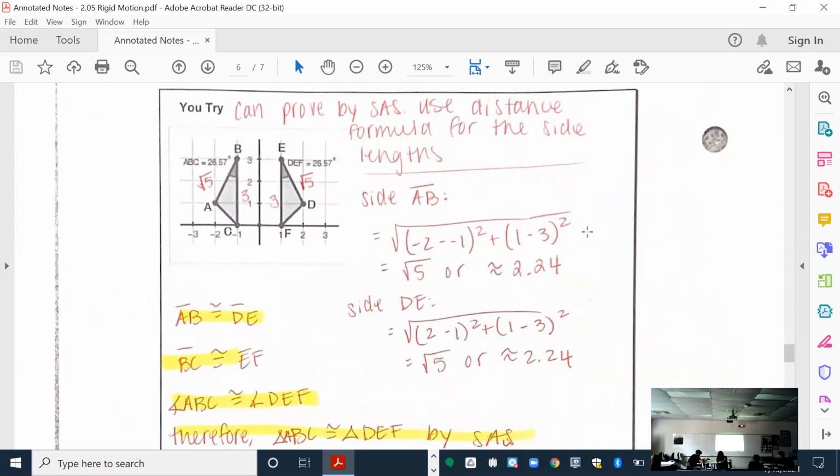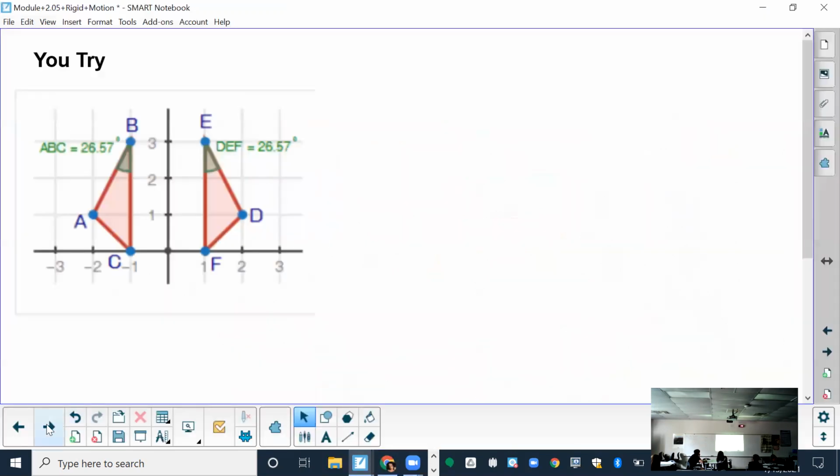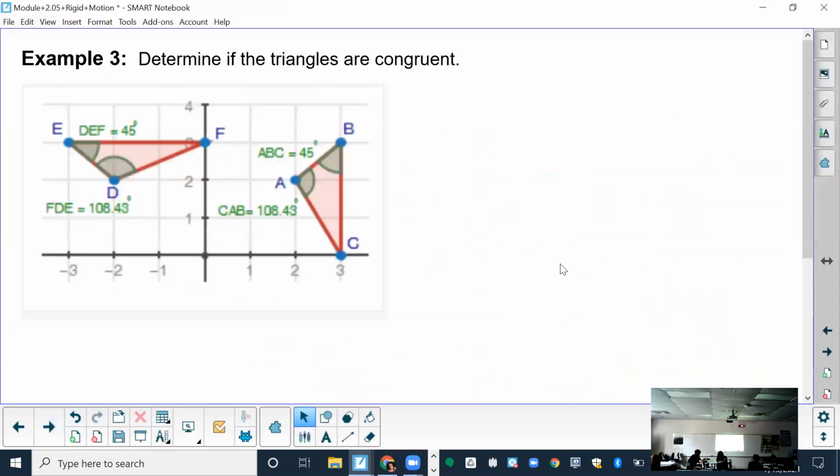What's even better than that is if you have 2 angles that are labeled, like in this next example, because then I only need to find one side length. All right.